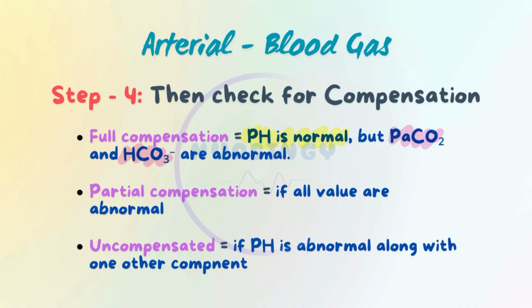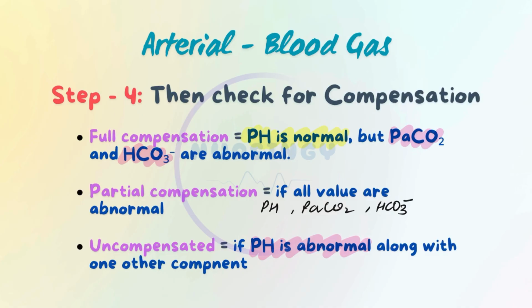Then we move to partial compensation. In partial compensation, all three values, pH, PaCO₂ and HCO3, need to be abnormal, so nothing is in the range. That means the body is still trying to compensate. In uncompensated, the pH is abnormal, but only one of the other values will be abnormal.